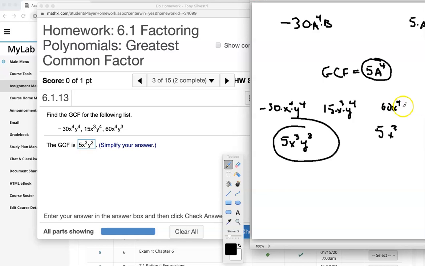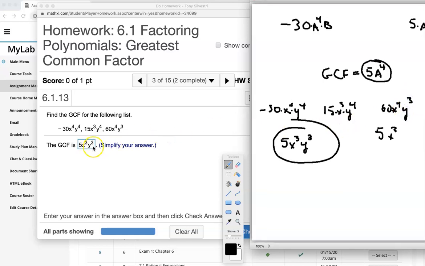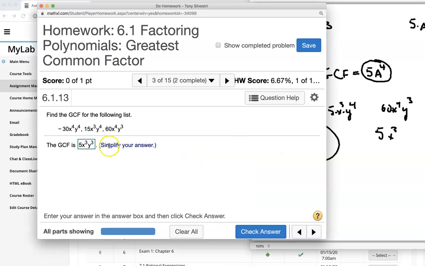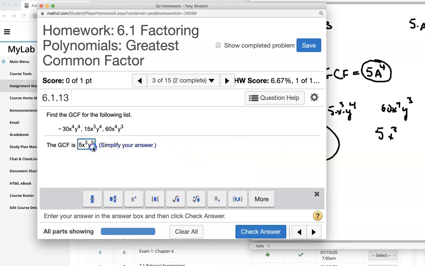The original was y cubed. Did I hit the wrong button here? 5, x cubed, y cubed. Huh? That's right. That is absolutely right. That's the wonder of computers. I love computers.